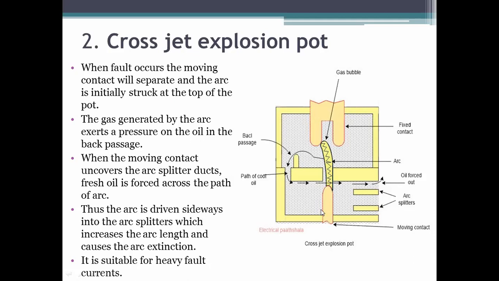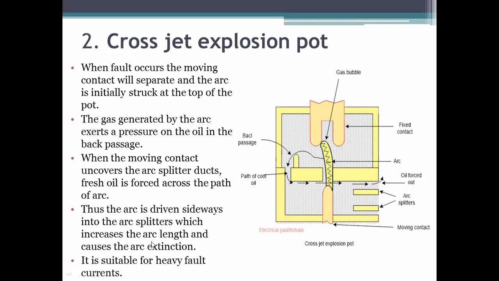What happens here is that we move the contacts in the downward direction. After moving downward, the length of this arc increases, and the fresh oil here will be used as the arc quenching material. Thus the arc is driven sideways into the arc splitters, which increases the arc length and causes arc extinction.